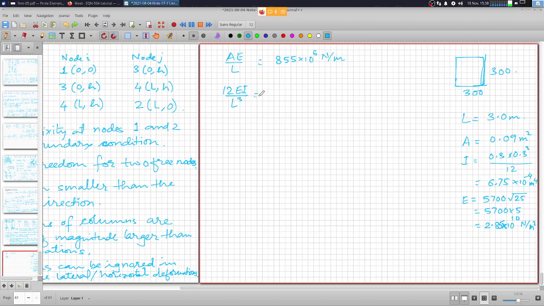And this is going to be 12 multiplied by 2.85 exponential 10 multiplied by 6.75 exponential minus 4 divided by 12.